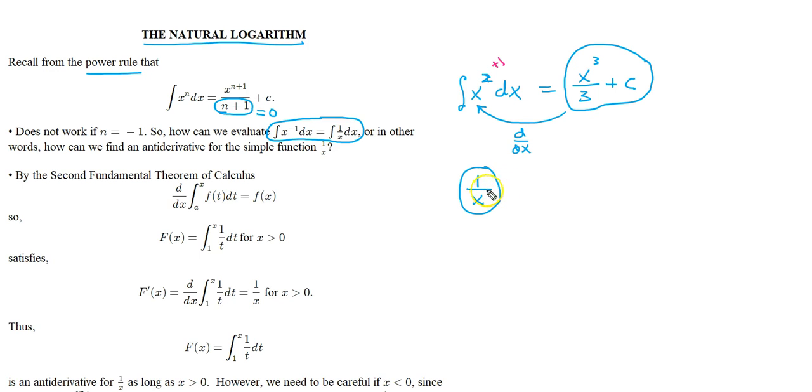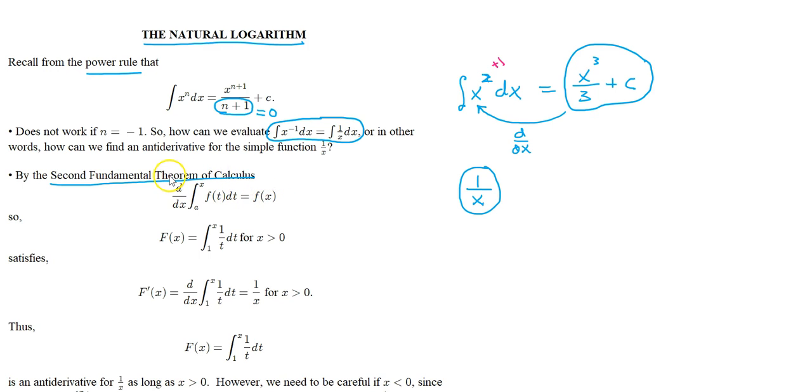Well, what we have to do is go back to the second fundamental theorem of calculus. So recall that the second fundamental theorem of calculus tells us this: the derivative of the function, the definite integral from a to x of f of t dt, equals f of x.